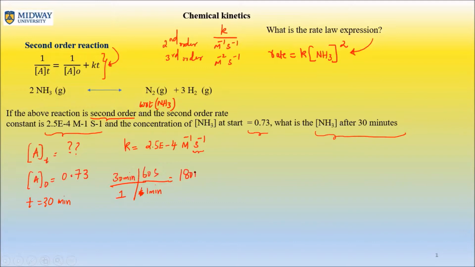That's right. Now this is our new t value. So let's go apply all of this. 1 over A_t, let's leave it be, equals 1 over 0.73 plus your k value, 2.5 e to the negative 4, times t, which is 1800 seconds.